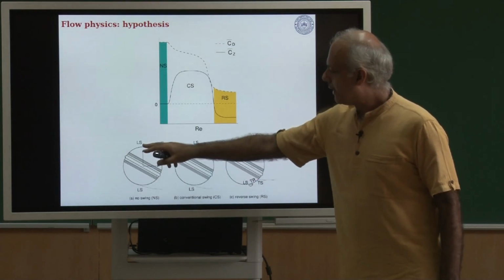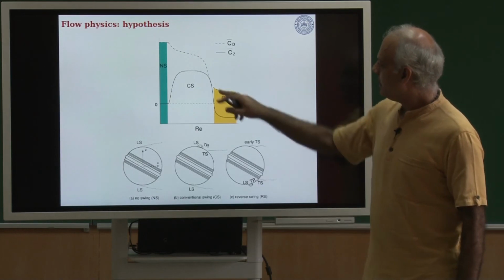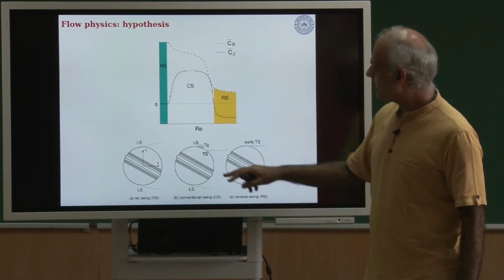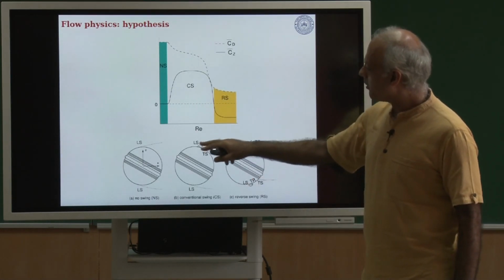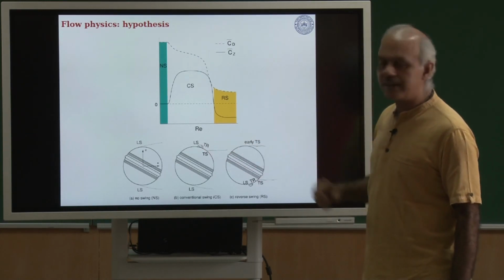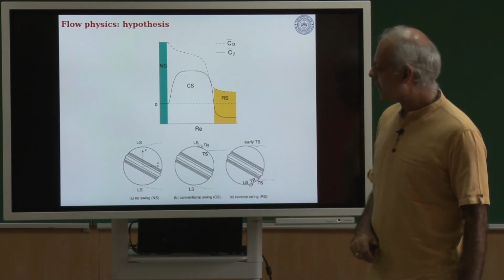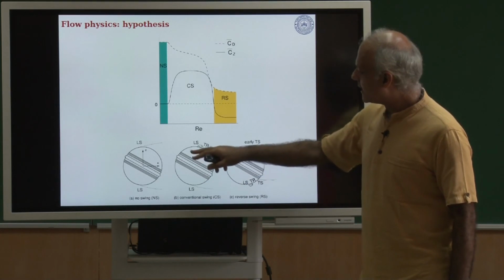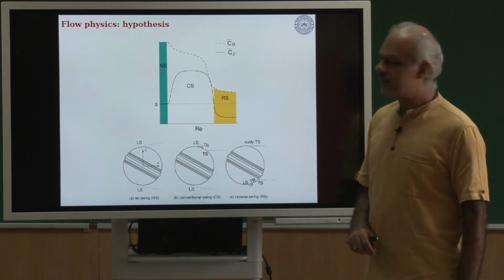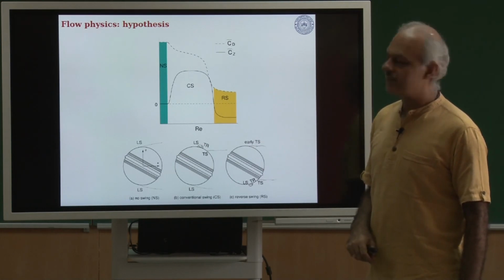No swing: laminar separation on the top, laminar separation on the bottom. In this region of conventional swing, you get a laminar separation bubble on the seam side. The boundary layer undergoes a turbulent separation eventually, but there is a laminar separation on the lower side. So there is a net low pressure on the seam side of the ball and you get a positive CZ. So that's the swing.